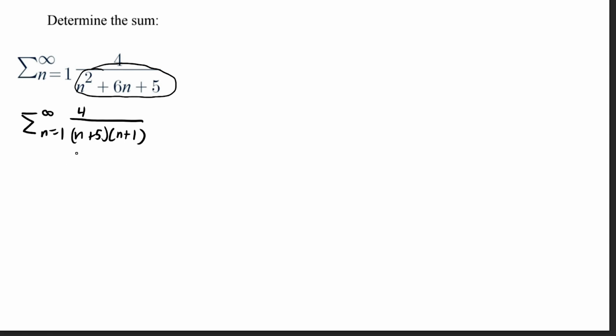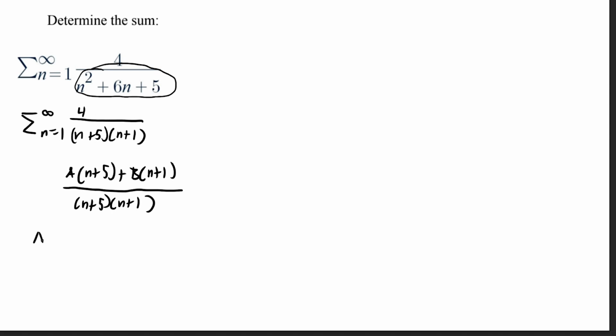So as the numerator, we're going to have a constant times n plus 5 plus another constant times n plus 1 all over the same denominator. And then we're going to break this up into two separate fractions.